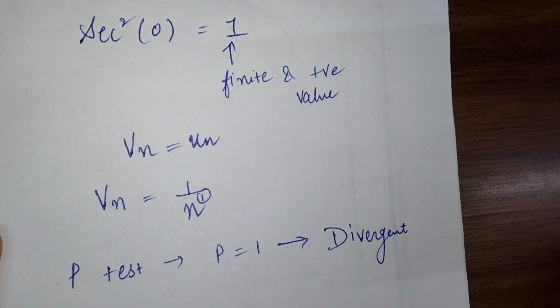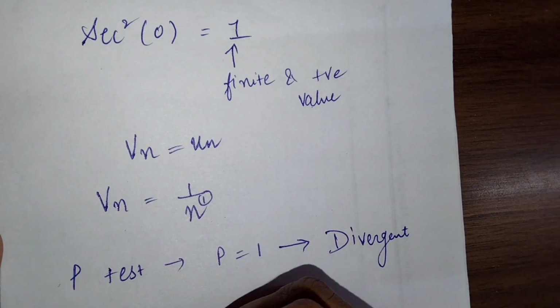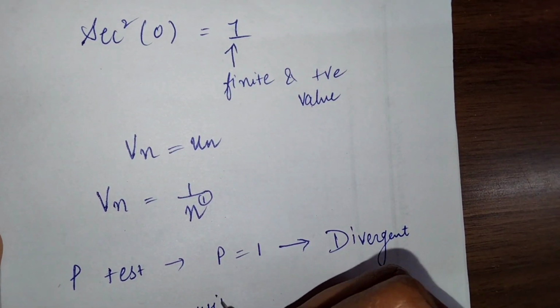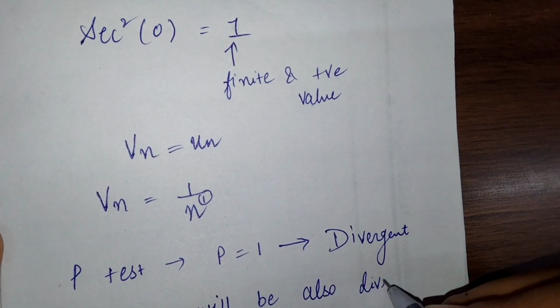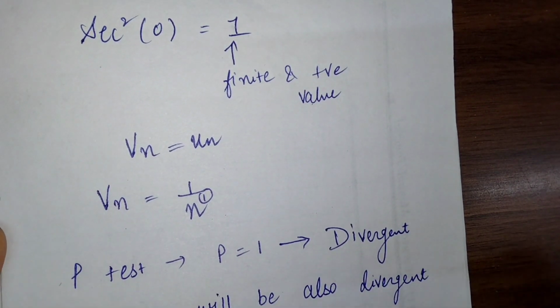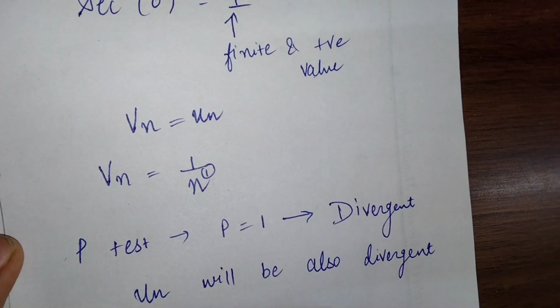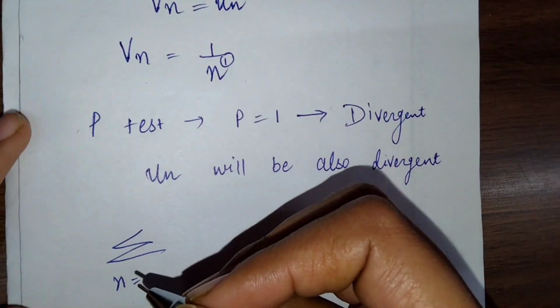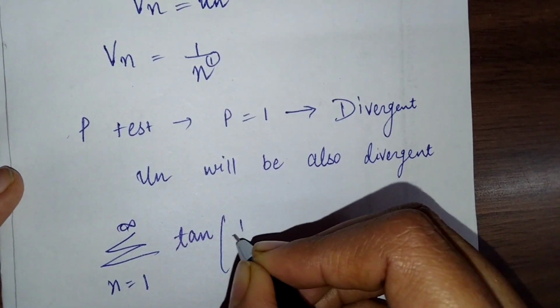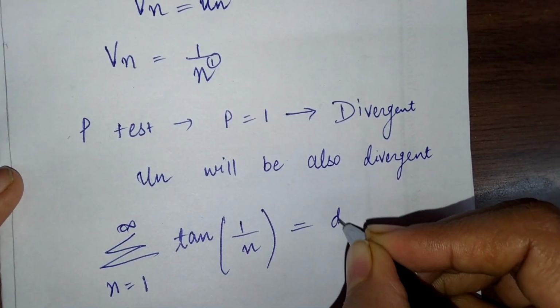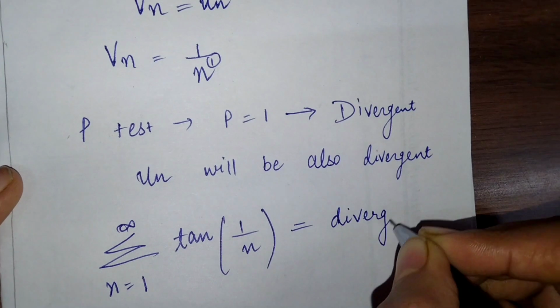And as Vn is divergent, Un will also be divergent. So the answer of this question, summation n equal to 1 to infinity of tan(1/n), is divergent.